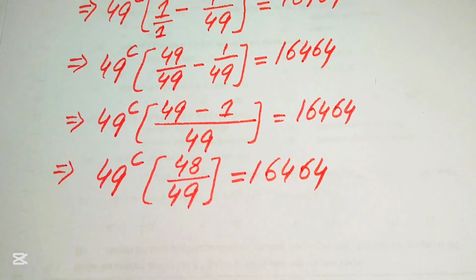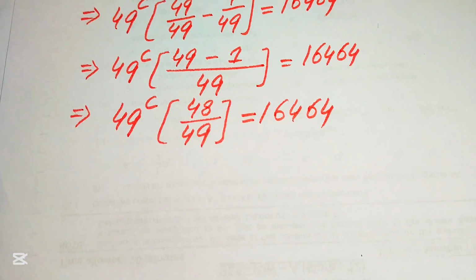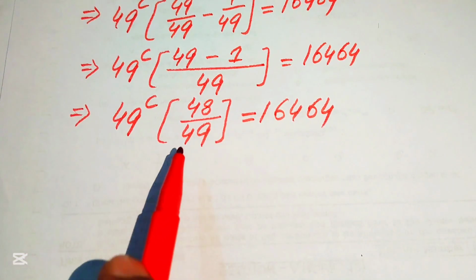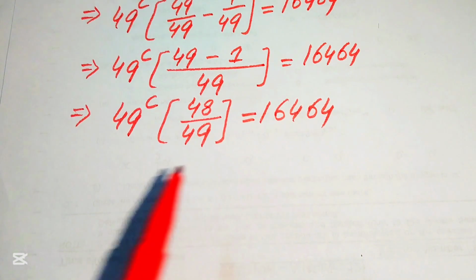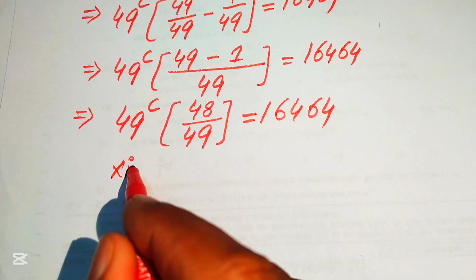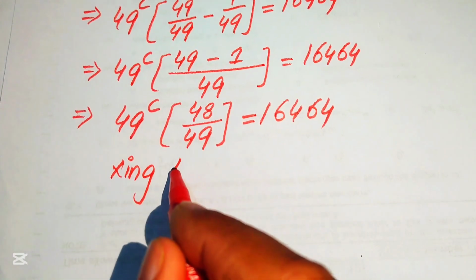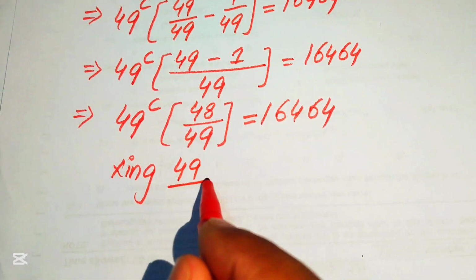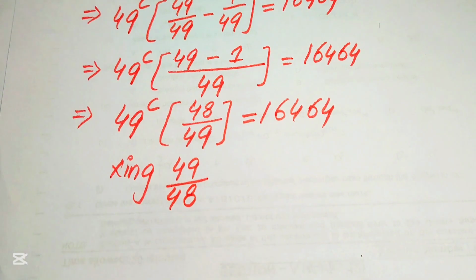16,464. So because here we need to solve this problem for the values of c, in order to find the value of c, we need to move this 48 over 49 to the right hand side. So here we can just multiply both of the sides by 49 over 48.